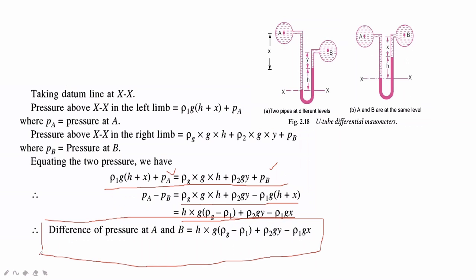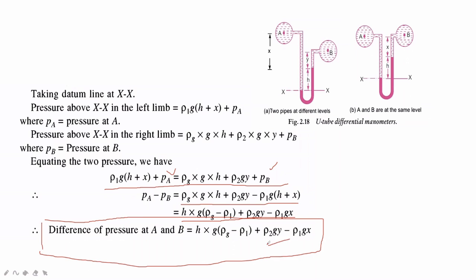The difference in pressure at A and B will be h into g, where g is constant, into rho g, written first because it is the heavy liquid, minus rho 1, plus rho 2 g y minus rho 1 g x. After practice, you will remember it very easily. So the difference of pressure at A and B is h g (rho g minus rho 1) plus rho 2 g y minus rho 1 g x.